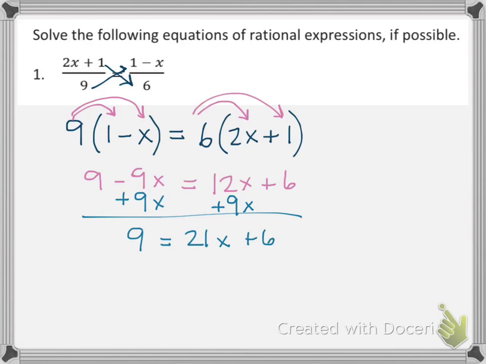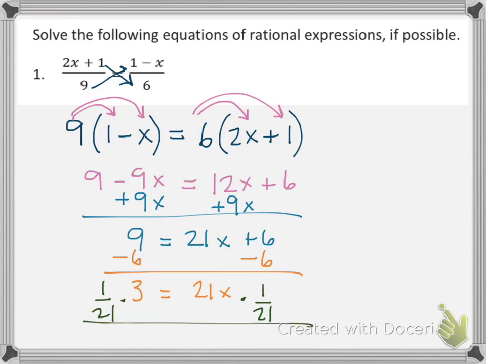Then we can start to isolate the variable. Subtract 6, balance the equation. That leaves me with 3 is equal to 21x. And then finally, multiply by the reciprocal to isolate the variable, balance the equation, and we get x is equal to 3/21, or 1/7. x equals 1/7.